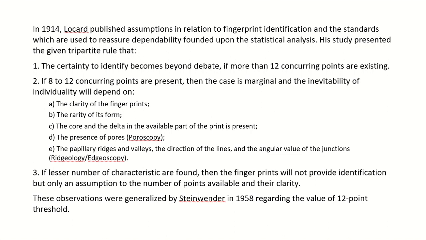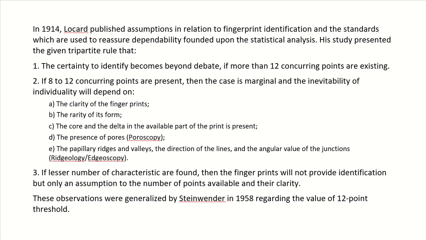If 8 to 12 points are there, the individuality would depend on the clarity of the fingerprint, the rarity of its form, core and delta, presence of pores, that is poroscopy, and another one is ridgeoscopy or edgeoscopy.